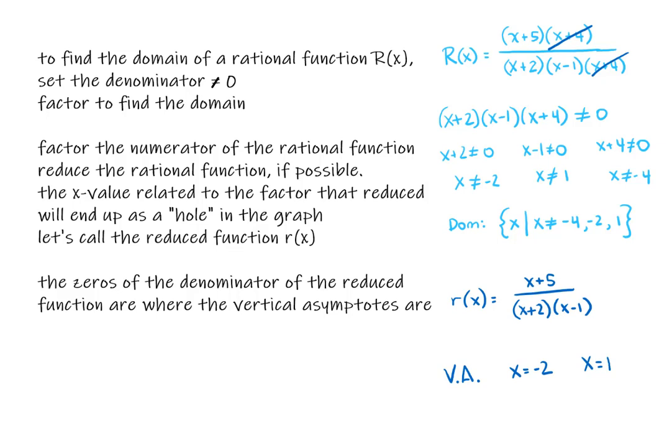We have 3 values and only 2 of them became asymptotes. Well, the negative 4 is going to be a hole in our graph. To find the specific location of that hole, we take that value, negative 4, that got reduced, and we plug it into the reduced function. So I'm going to plug negative 4 into little r.